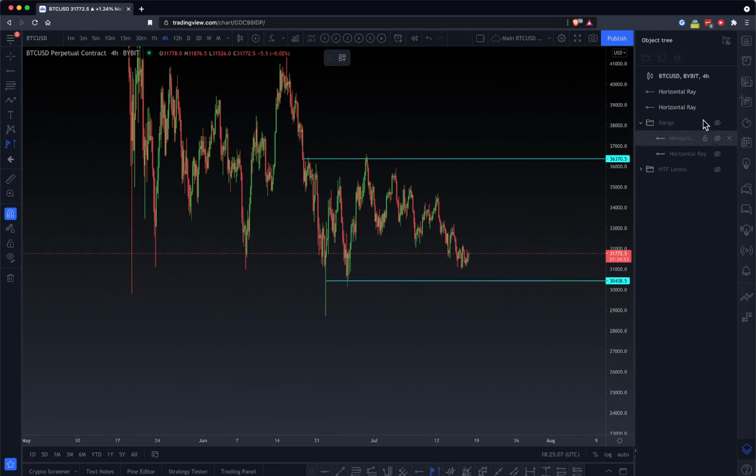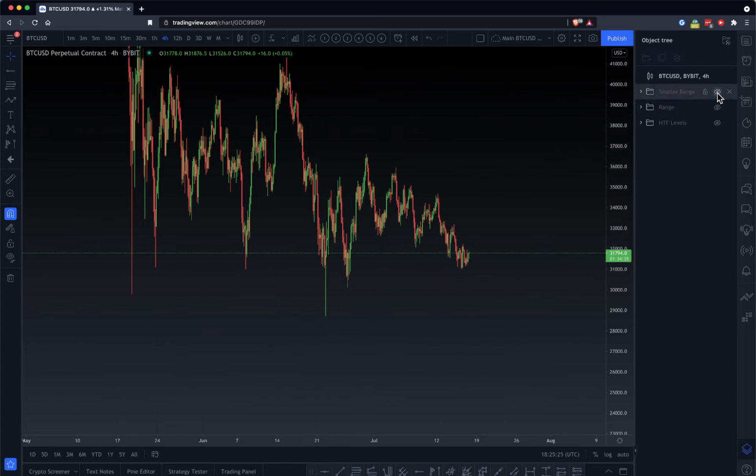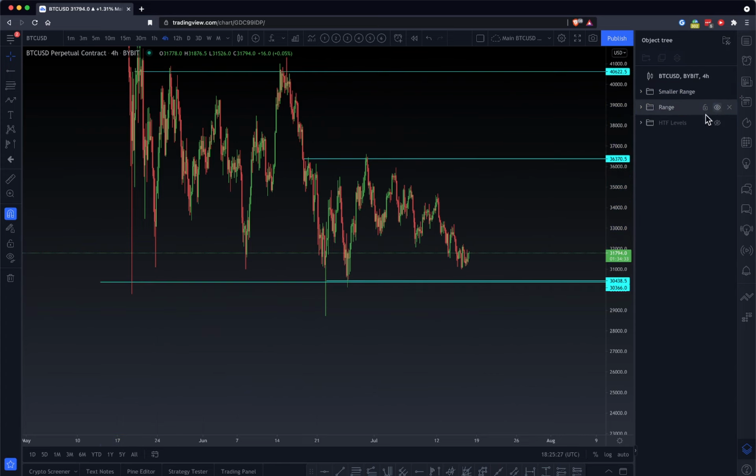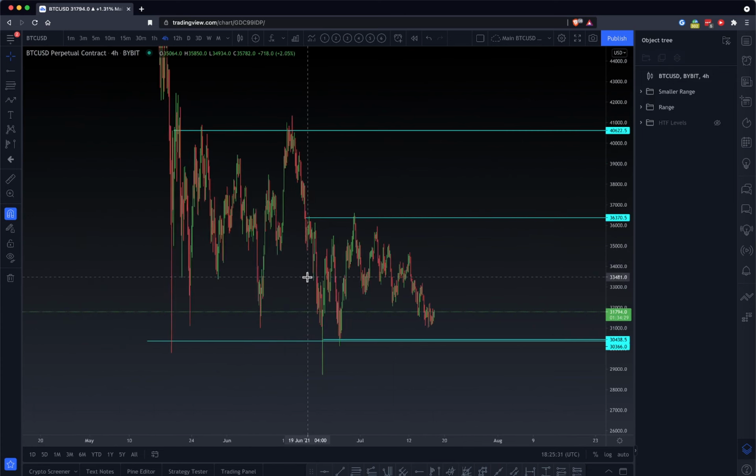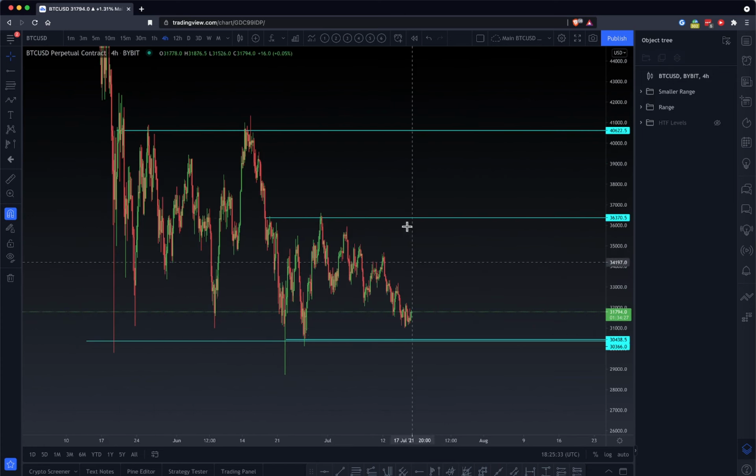So let's say smaller range. Okay, so we had a range, smaller range into a bigger range.